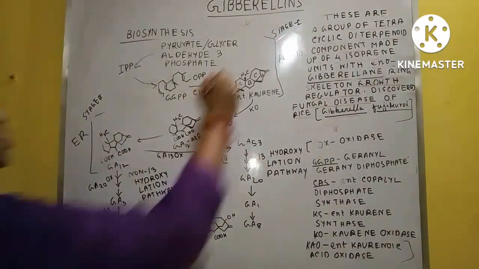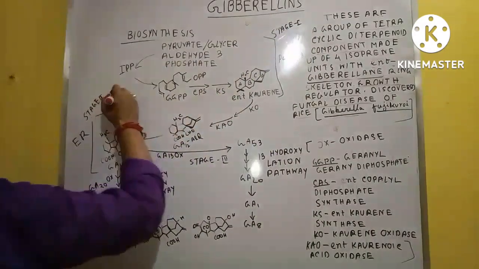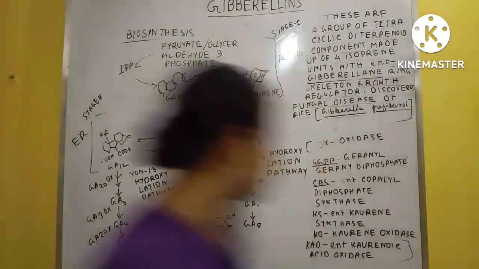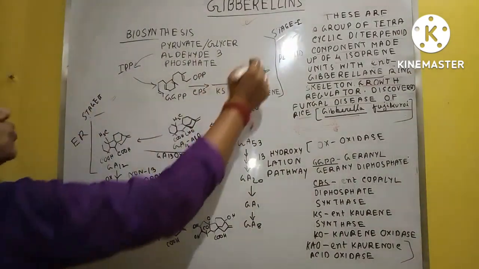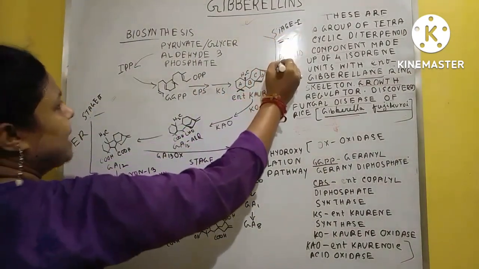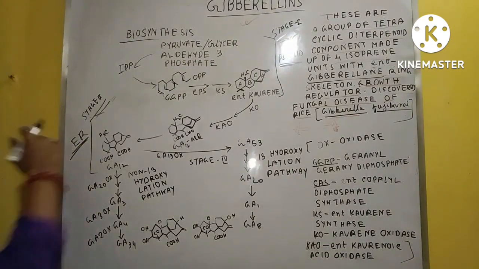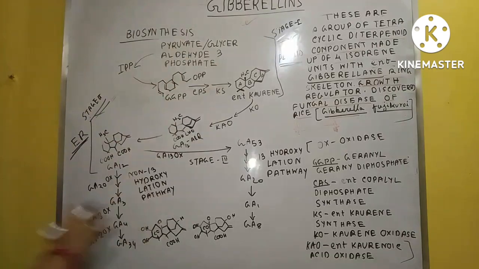Stage 1 is seen in the plastid, and stage 2 is seen in the endoplasmic reticulum. After this happens, the actual biosynthesis is possible in the particular region.